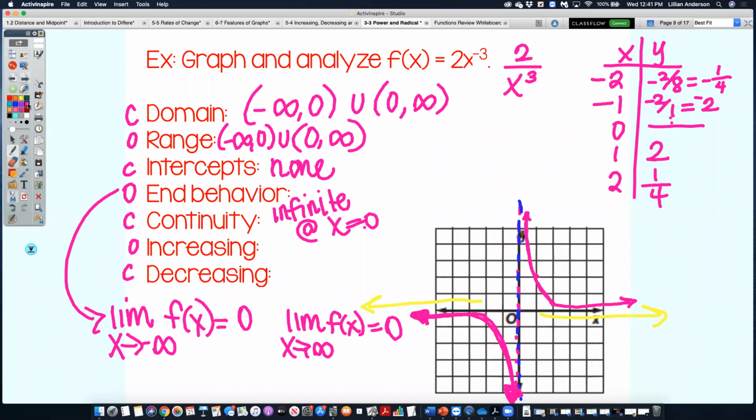Now, increasing. Where? I'll take a volunteer. Nowhere. But it's decreasing where, Natalie? Start from left to right. So coming from the left.